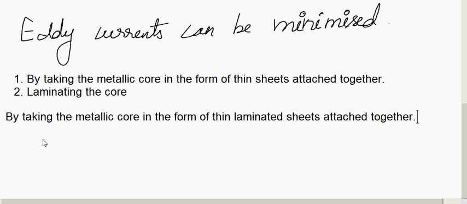The laminated core actually consists of thin metallic sheets which are insulated from one another.